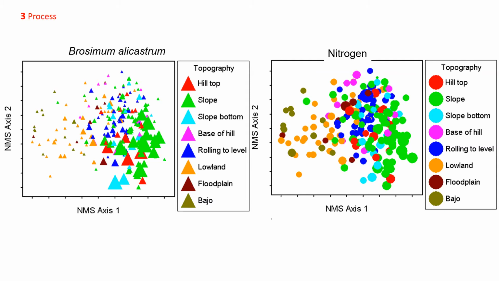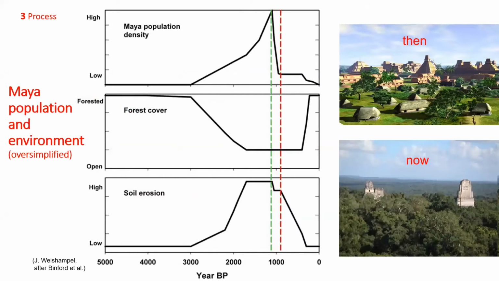Now turning to another kind of process, history. Everybody knows that the Maya were a big presence in this area up until about 950 AD. And this diagram here has been created by some archaeologists to show the general patterns of Maya population and their environment going back 5,000 years and coming up to the present.